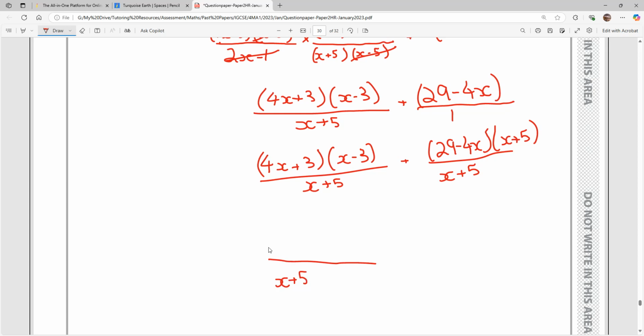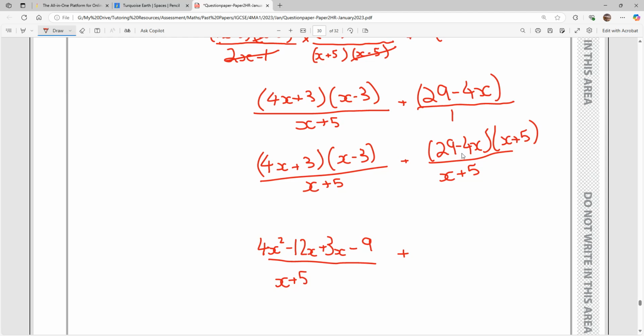if we think about expanding all the brackets, from the first one we're going to get 4x squared from the 4x times the x. We're going to get minus 3 times 4x, so minus 12x. 3 times x is going to be 3x. Then 3 times minus 3 is going to be minus 9.